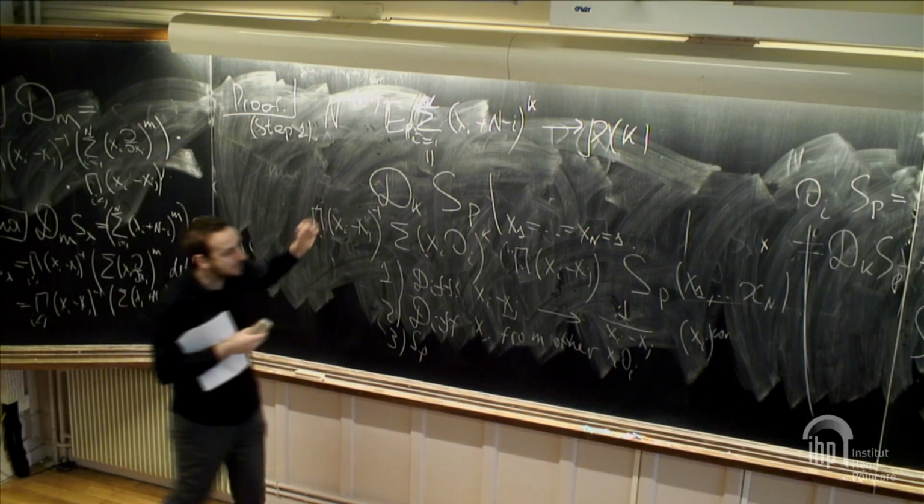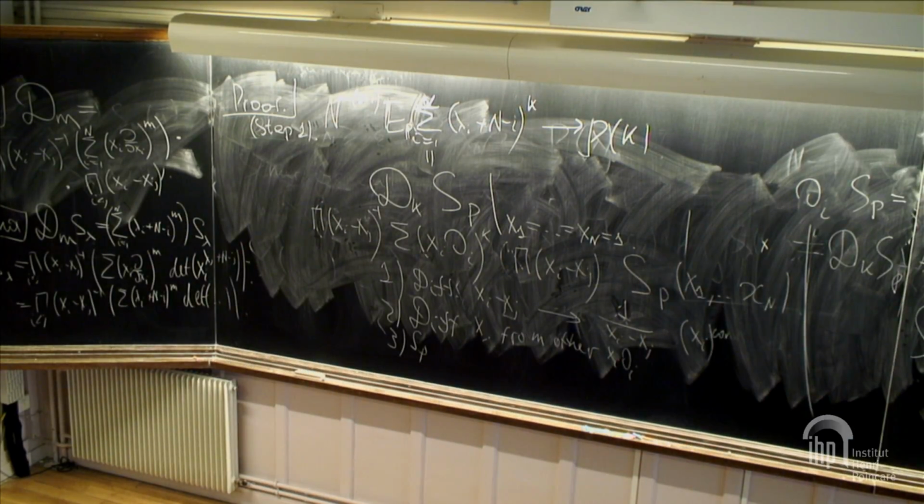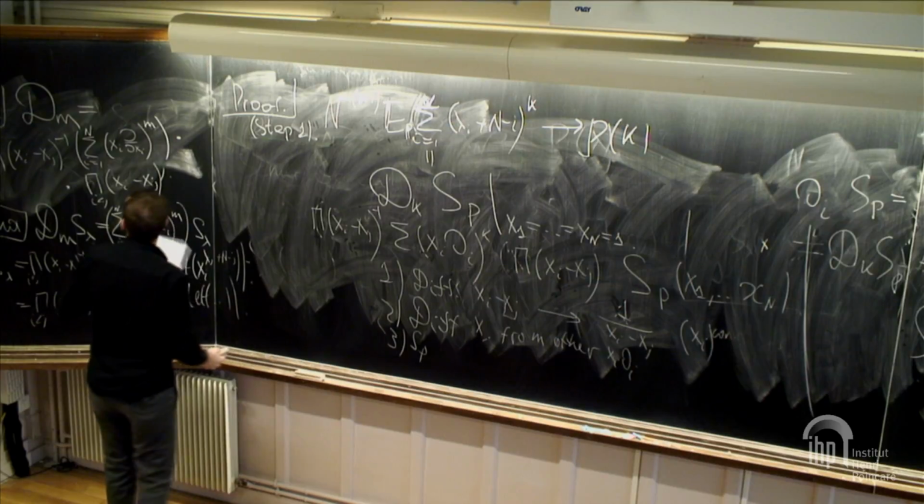What it means is that every time we have a term of this kind, we also have all the permutations of the indices. So you can symmetrize this thing, and these terms also appear somewhere in our sum. So a term of this kind never comes alone. It always comes with other guys, and hopefully these other guys will help us.